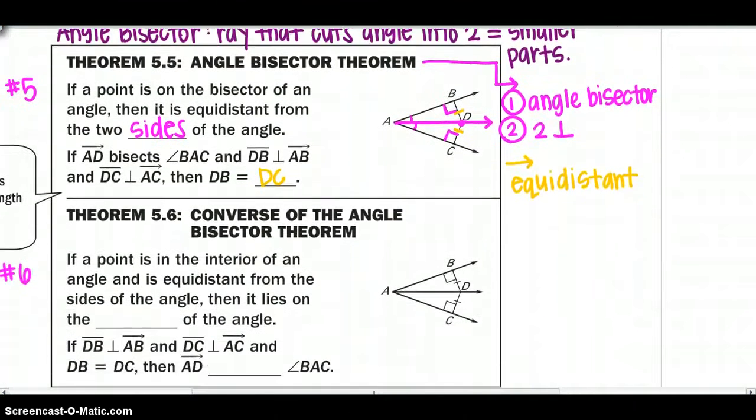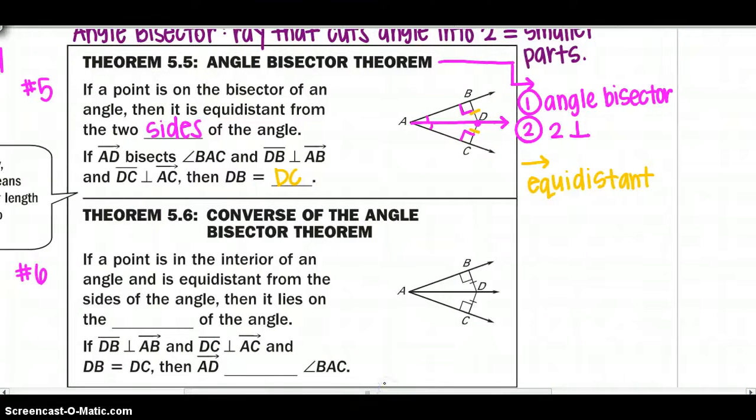So going on to 5.6, which is note card number 6 for this chapter. The converse of the angle bisector theorem. So we're just going to put that in reverse. If a point is on the interior of an angle, so point D is on the interior of angle BAC, and is equidistant from the sides of the angle, then it lies on the bisector of the angle.